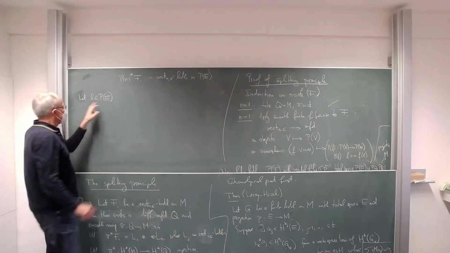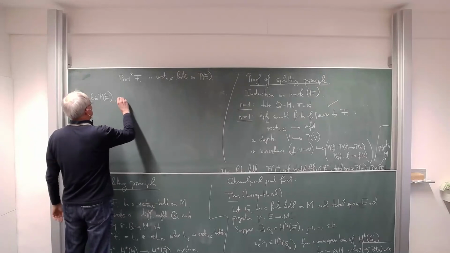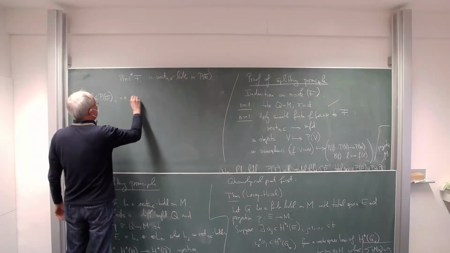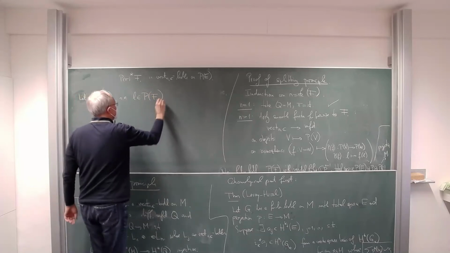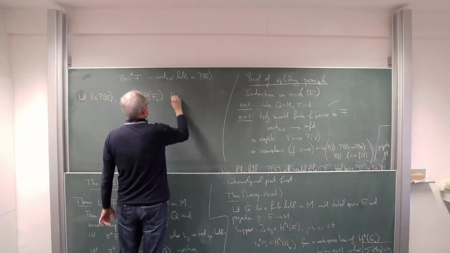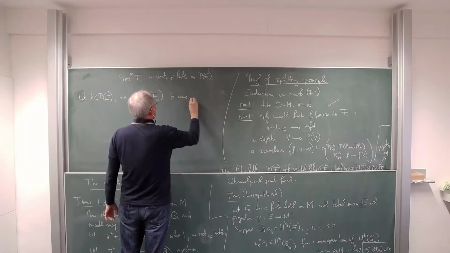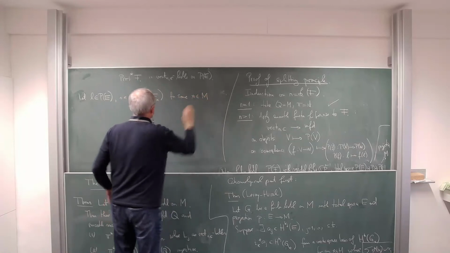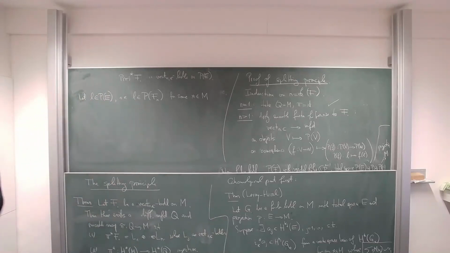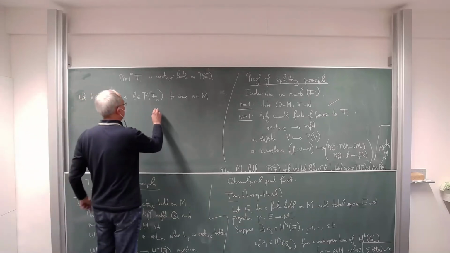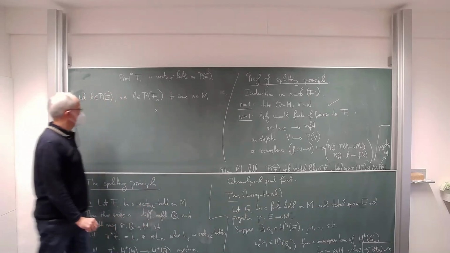So L is an element of P of F_x for some x in M, because P of E is the disjoint union of these P of F_x's. And in fact, this x is what?